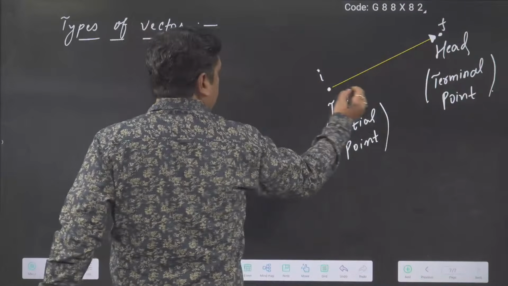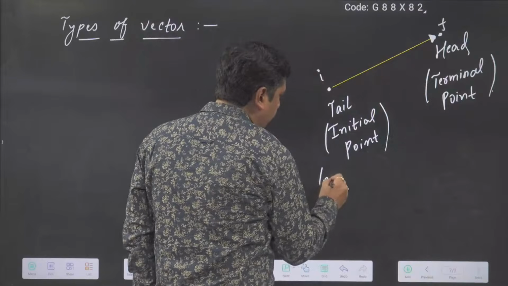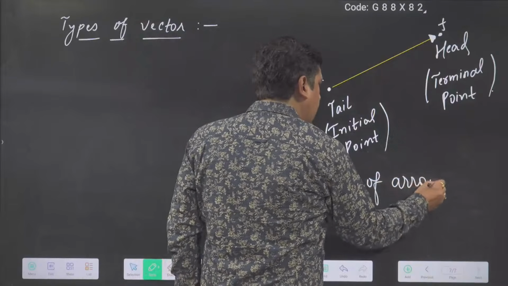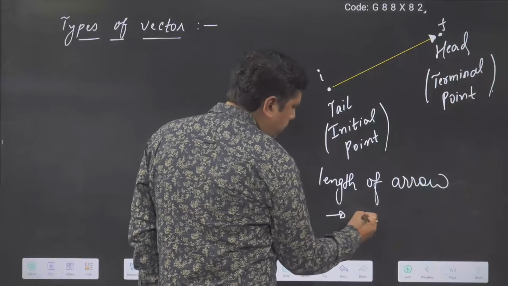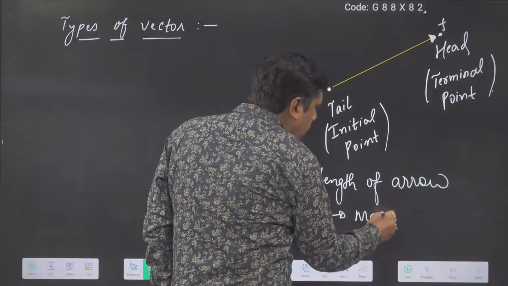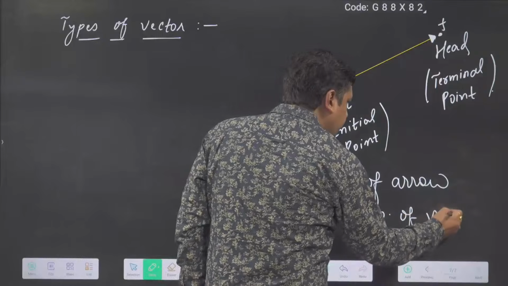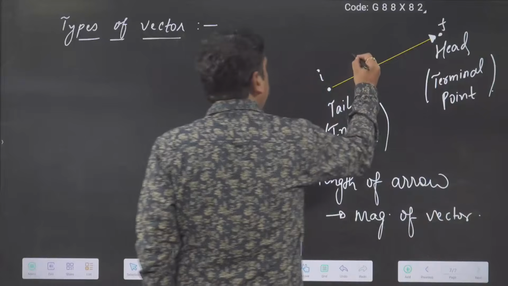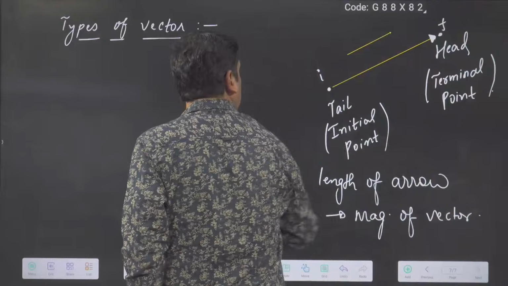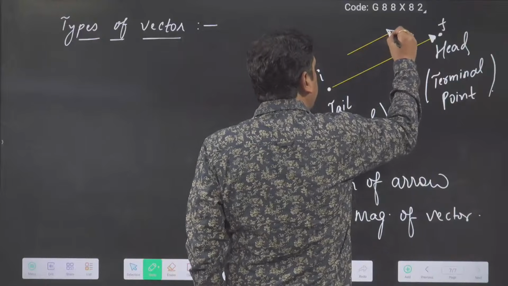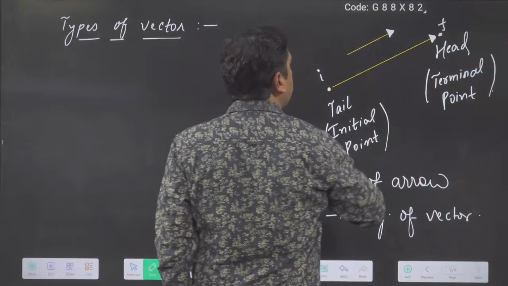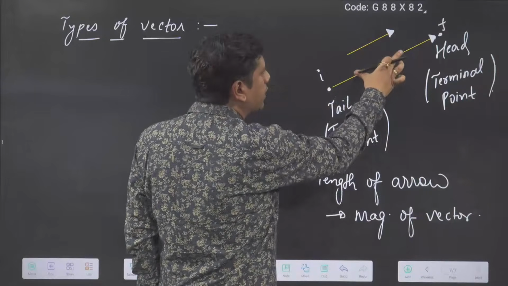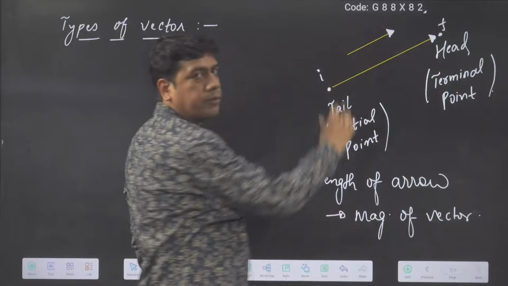Now, the length of the arrow tells you about the magnitude of the vector. If there are two vectors, one with more length and one with less length, it means the magnitude of this vector is more as compared to the magnitude of the second vector.